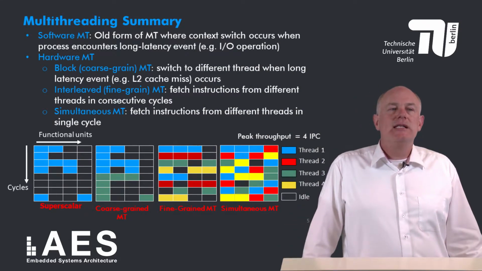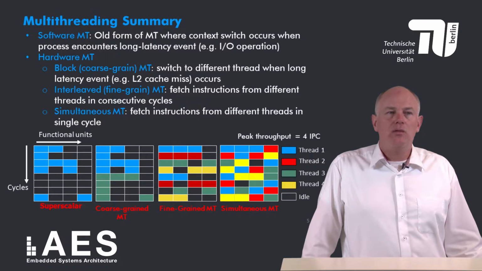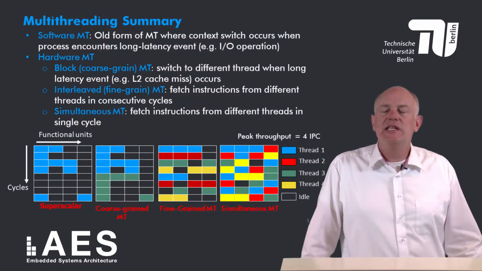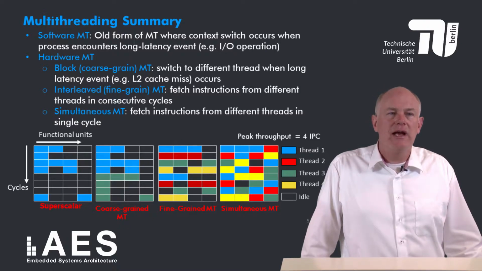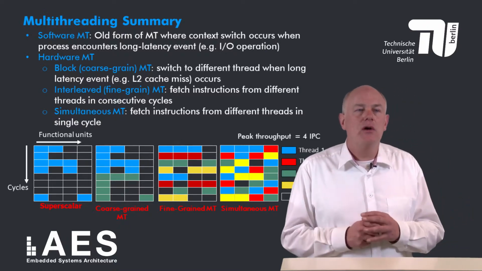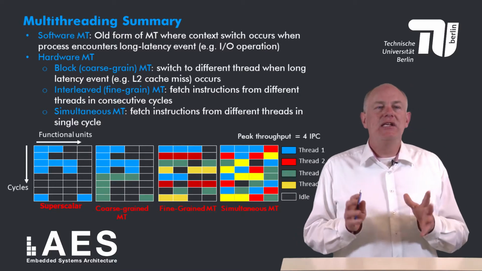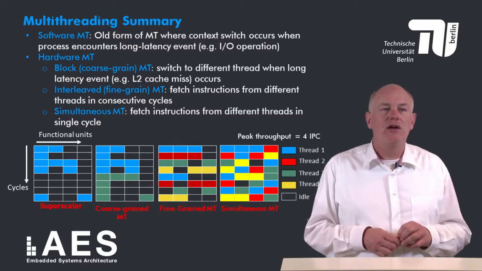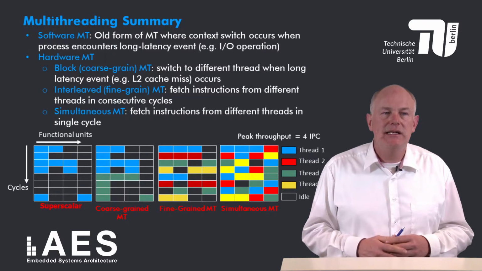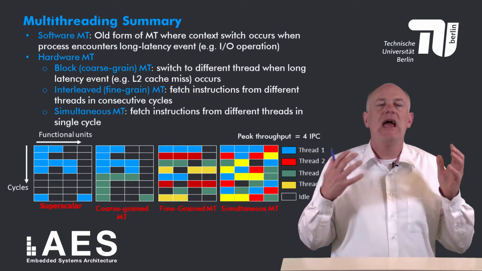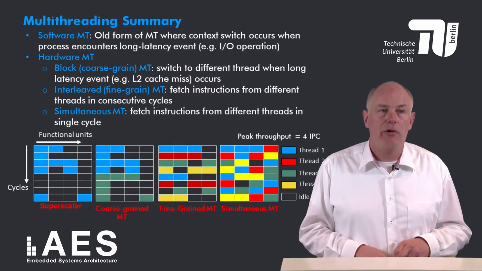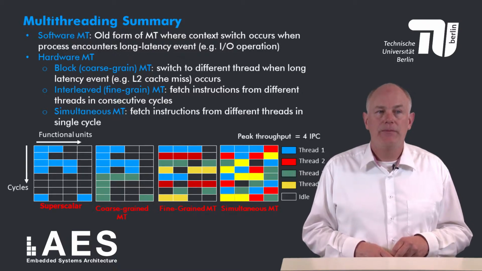To summarize everything we learned about multithreading, I started with software multithreading, which is a very old form of multithreading where process context switches occur each time a process encounters a very long latency event, in particular every time a process does an I/O operation.